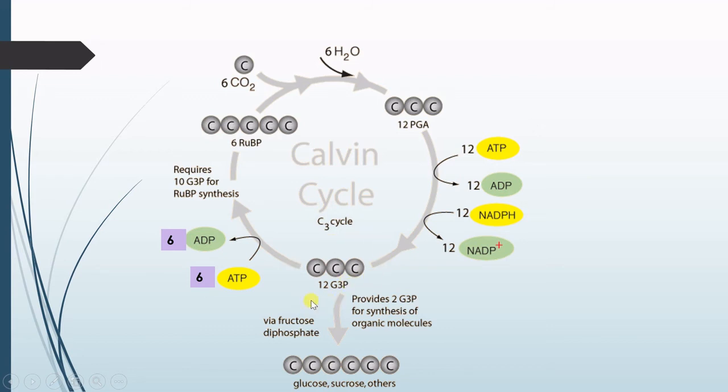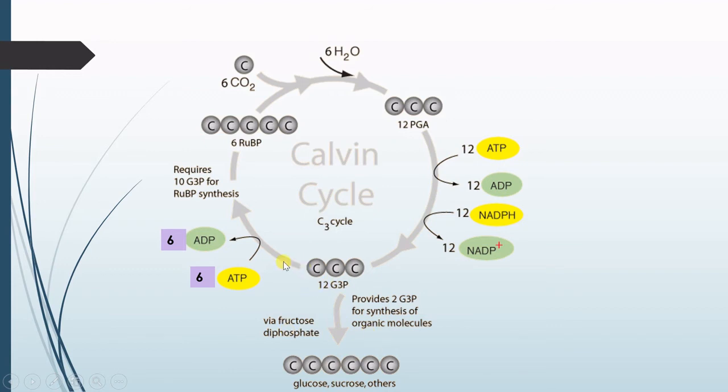So out of this 36 carbon, 2 molecules of 3-PGAL are taken for the synthesis of glucose. So 2 molecules of G3P means 2 into 3, 6 carbon. So the 6 carbon is now here in the form of a hexose sugar. So the remaining number of carbon is 30, because 6 carbon were taken for the synthesis of glucose.